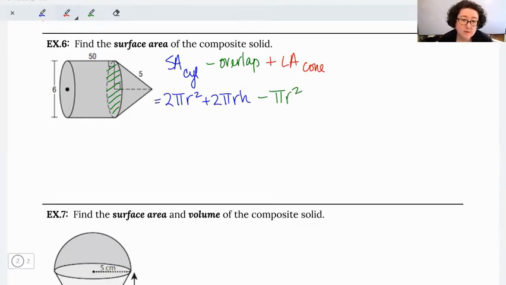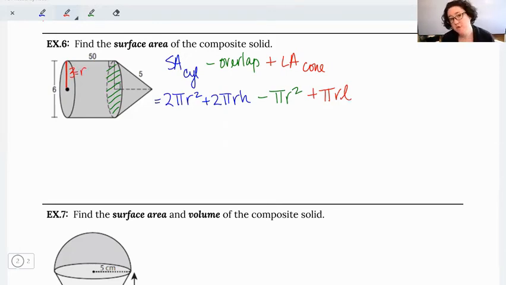And then our lateral area of a cone is pi r L. So let's make sure we have all of our variables. R is our radius, and because everything matches up in our shape so nicely, our radius on this whole figure is going to always be the same, which is half of our diameter 6, aka 3. So we know that, that's our radius.